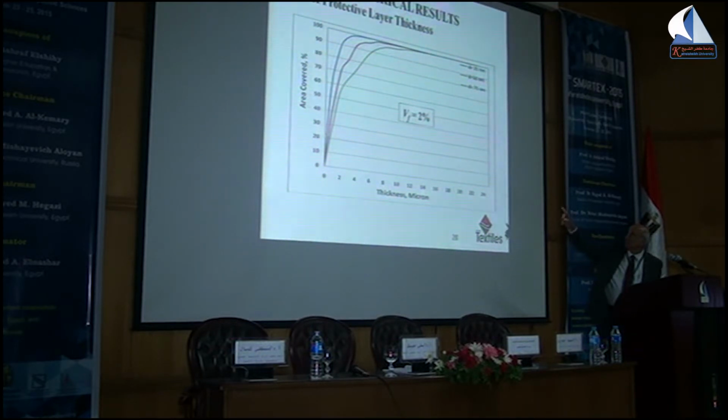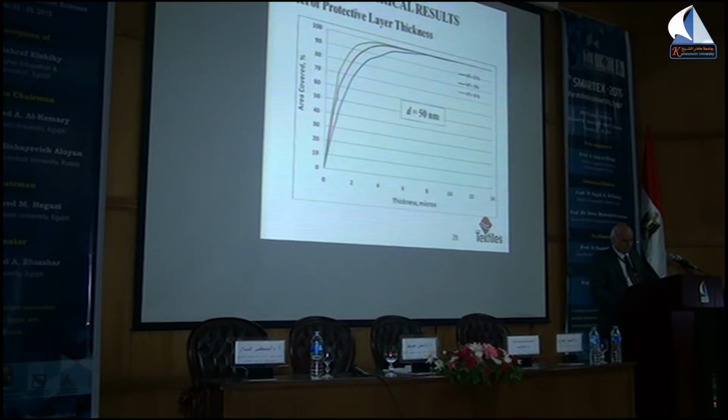If we increase the thickness and keep only 2% of fiber volume fraction, you can see we could reach almost 100% with such small amount of nanoparticles in terms of volume. We're looking at the thickness again and fiber volume fraction from 2 to 4, and the diameter is 50 nanometer, and we were able to do the entire curve till we reach about 100%.